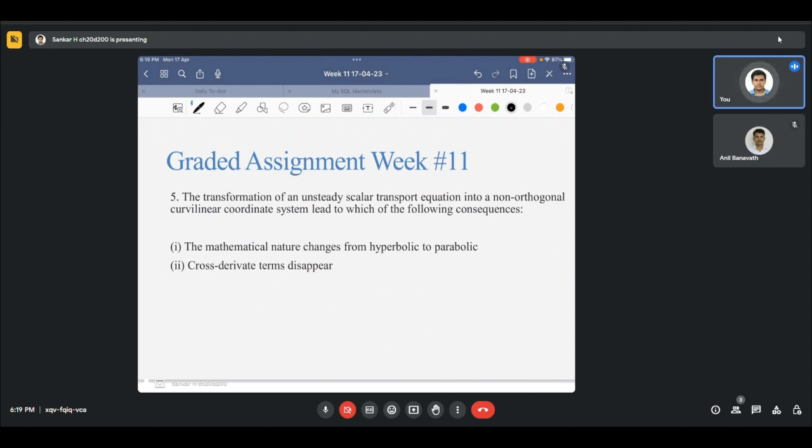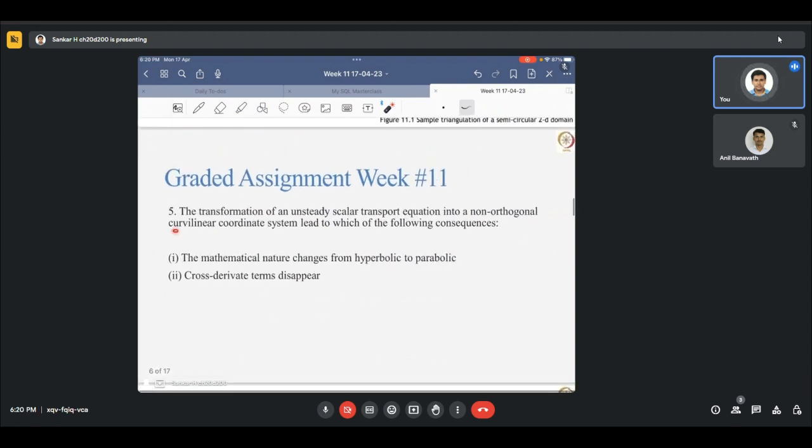Okay, moving on to question number 5. The transformation of an unsteady scalar transport equation into a non-orthogonal curvilinear coordinate system lead to which of the following consequences? So, a curvilinear coordinate system refers to an r theta z coordinate system, which basically has a line in z direction and a curve in r and theta directions.